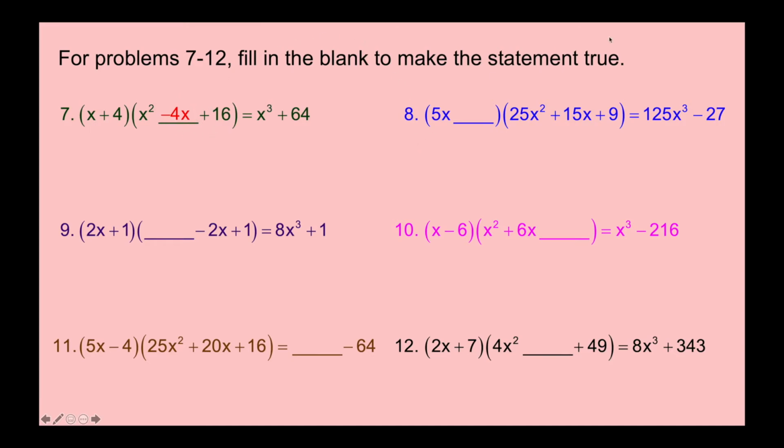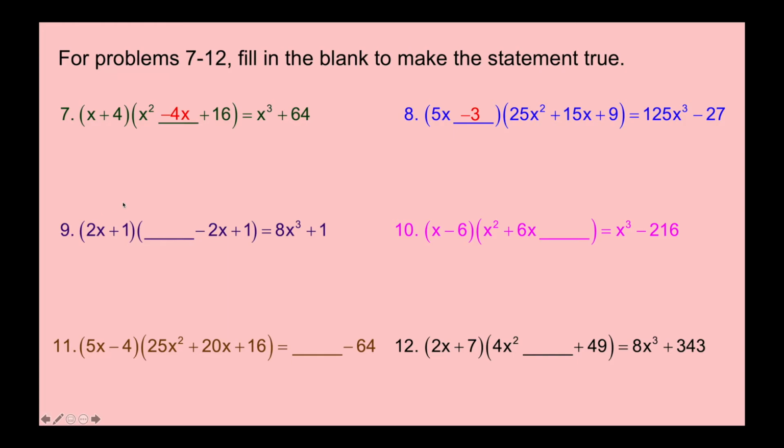For number 8, again, the first sign should be the same. So if this is negative over here, that's going to be negative over here. And then from there, I know that this number, the second term in the first factor, squared, should give me 9, which means that this is going to need to be 3. So we end up getting the negative 3 there.